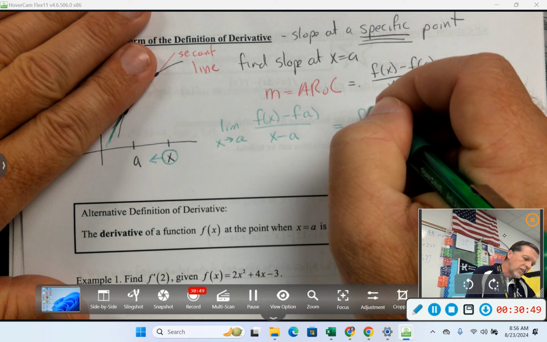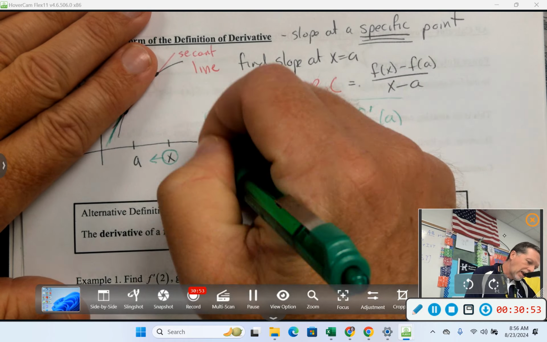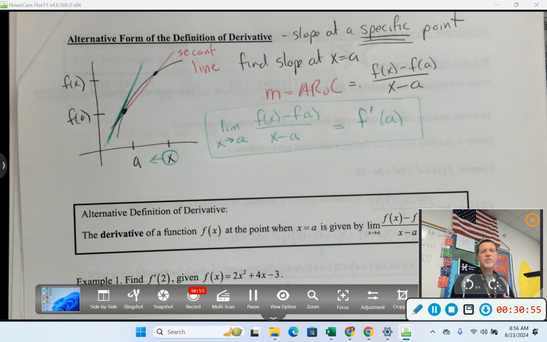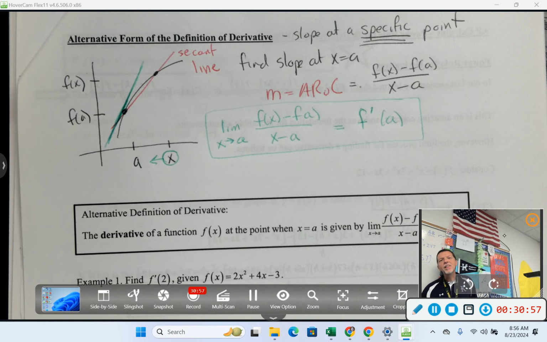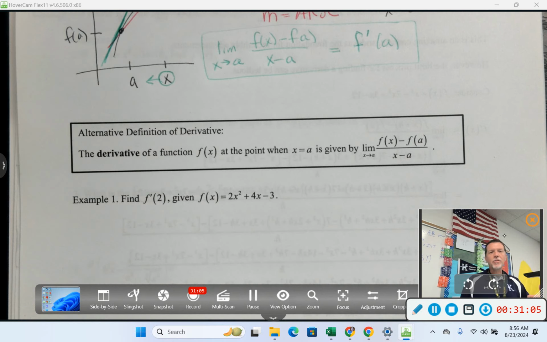This tells us the slope at A. So it's a simpler formula, but it only tells you the slope at a particular point. And so the big question students have is, well, how do I know which one to use?